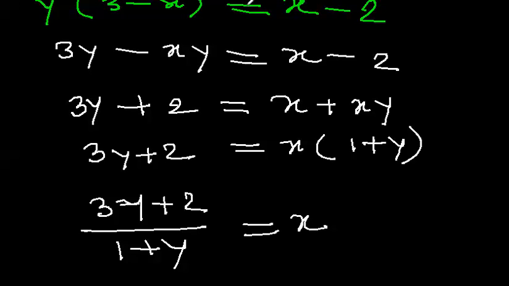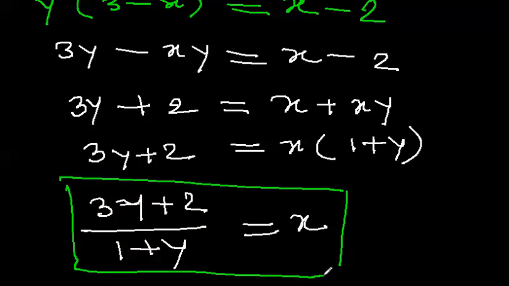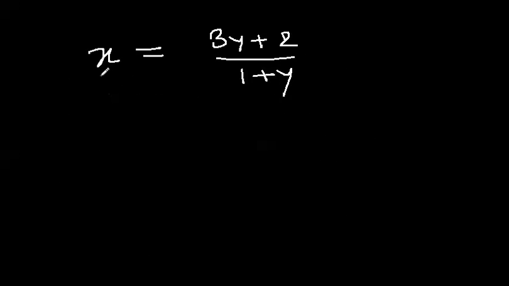This is what you have to do to find the range. You find the value of x first, then use this value of x to find the range. I'll rewrite it here: x equals 3y plus 2 over 1 plus y. Now you just have to see for what values of y this x becomes not defined. Since it is in the form of numerator over denominator, we see for what value of y the denominator becomes 0.